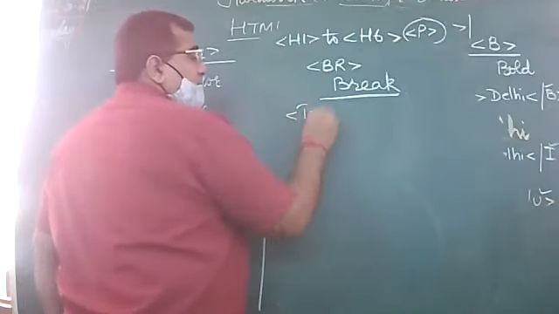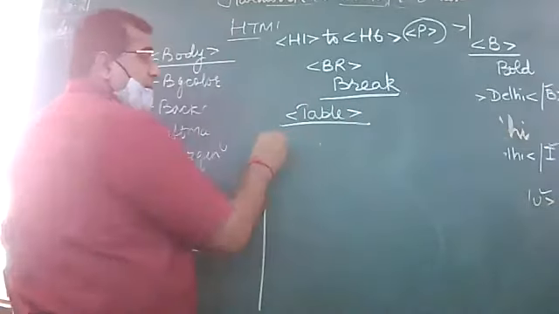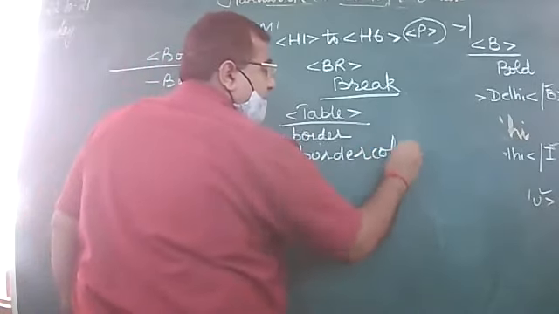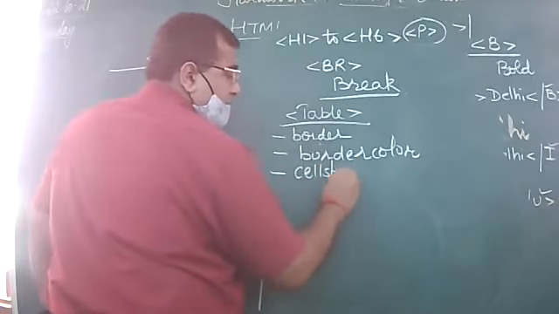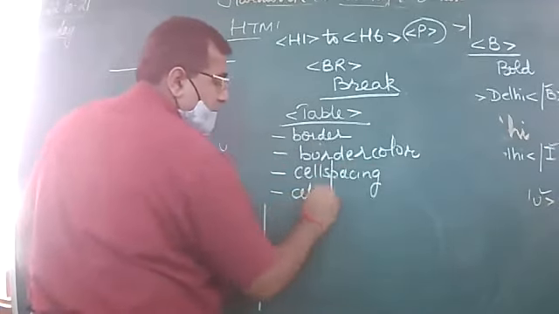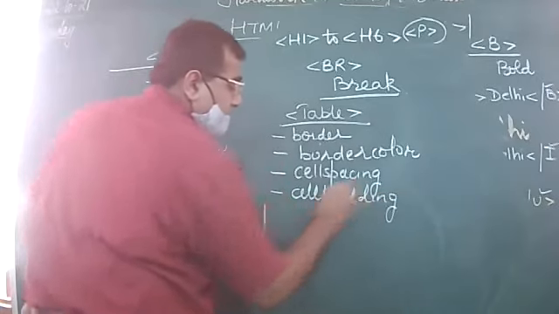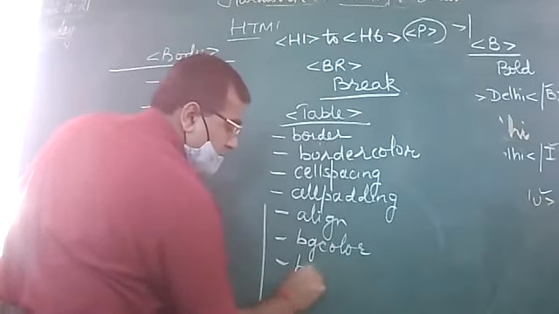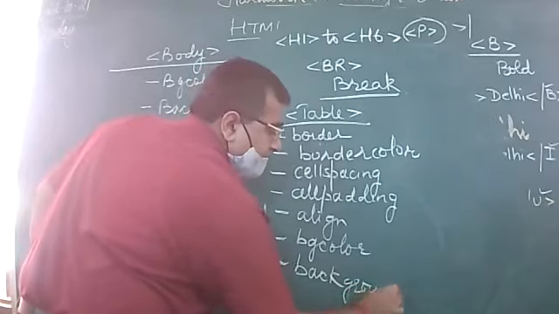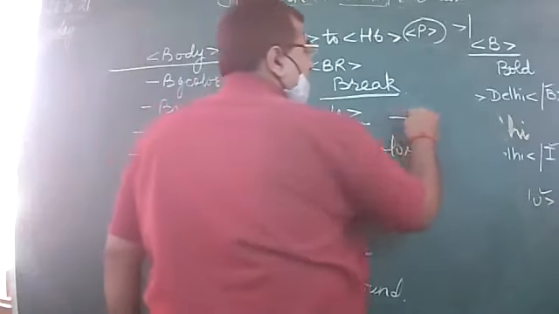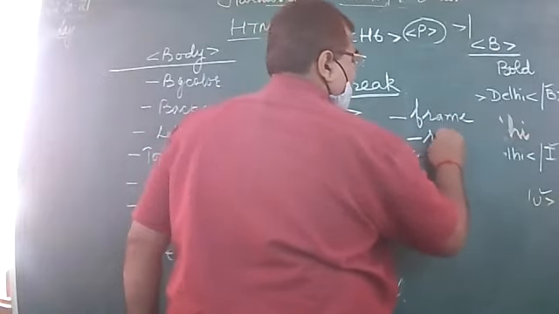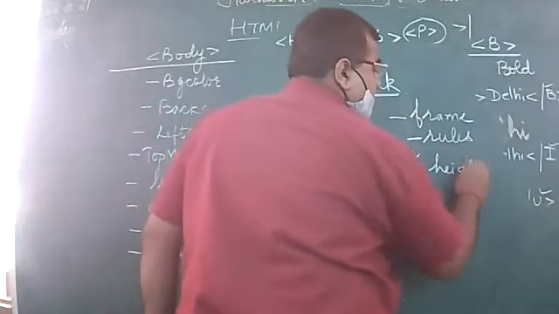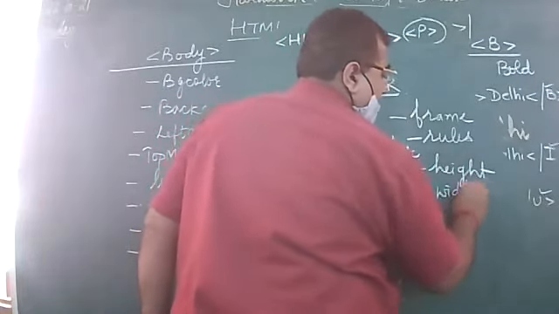Then we come to the table tag. Attributes of table tag: border, border color, cell spacing, cell padding, align, BG color, background, frame, rules, height, width.